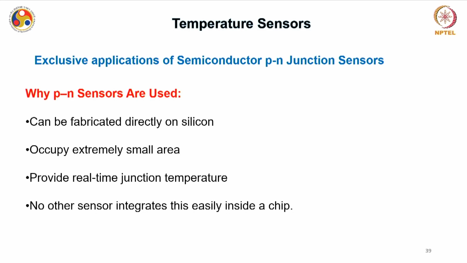They provide you real time junction temperature, and no other sensor integrates this easily inside a chip. Even for integrating thermistors, you will require a very high temperature for their deposition, so that may not be CMOS compatible, but this kind of device can be easily integrated.